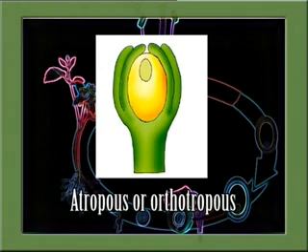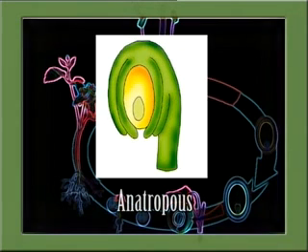Atropous. This type of ovule is also called orthotropous or straight ovule. In this type, funicle, chalaza and micropyle are situated on one vertical axis with micropyle directed upwards. It is found in Polygonum. Anatropous.